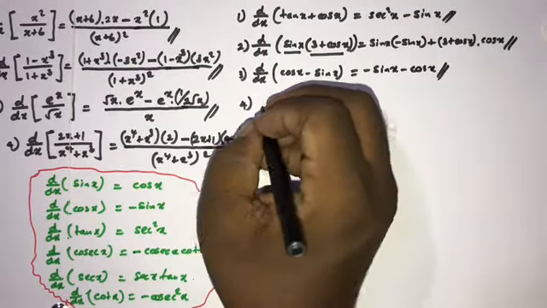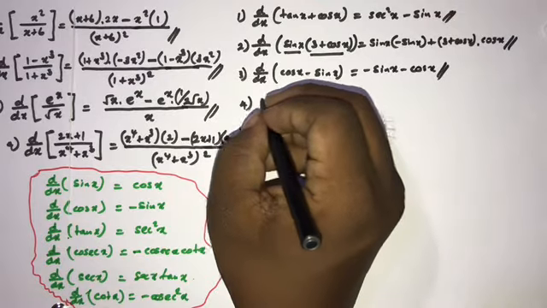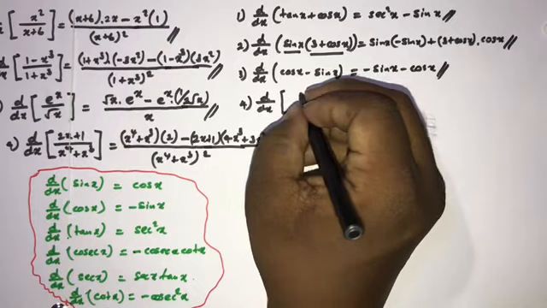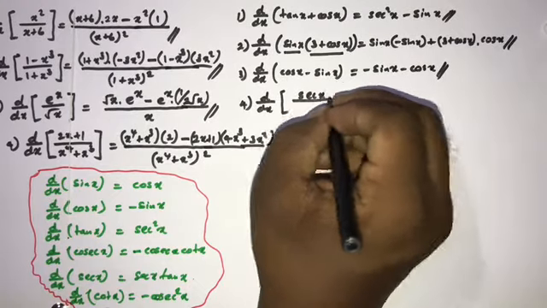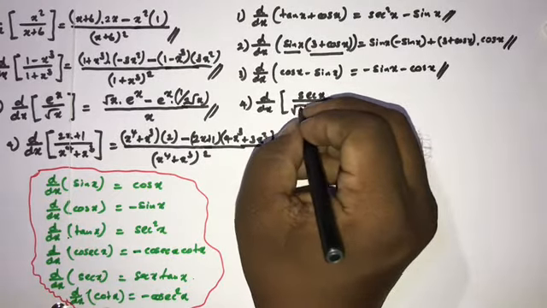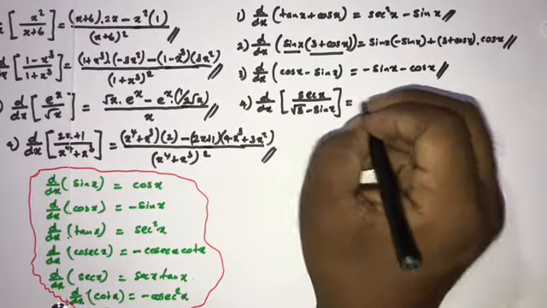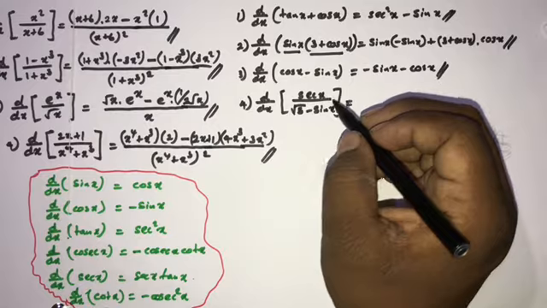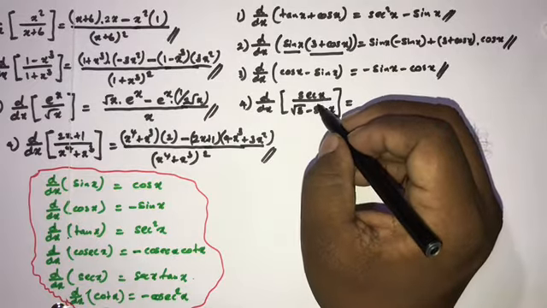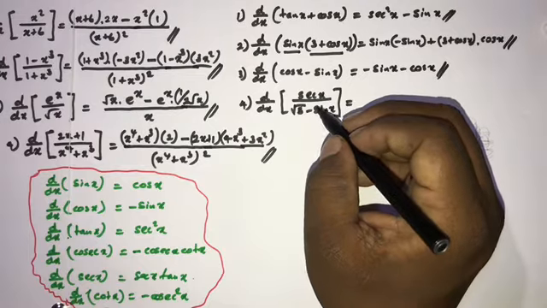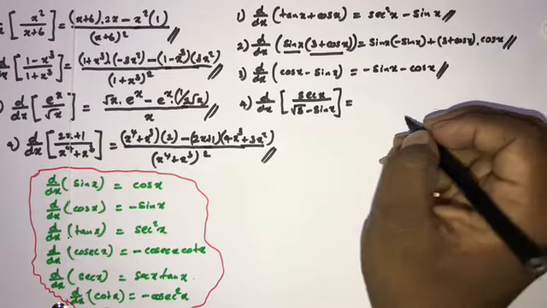Then example number 4, the derivative of secant of x over the square root of 5 minus sine of x. Well, now we have here secant of x over a function, so this is like f of x over g of x, so we should apply the quotient rule.